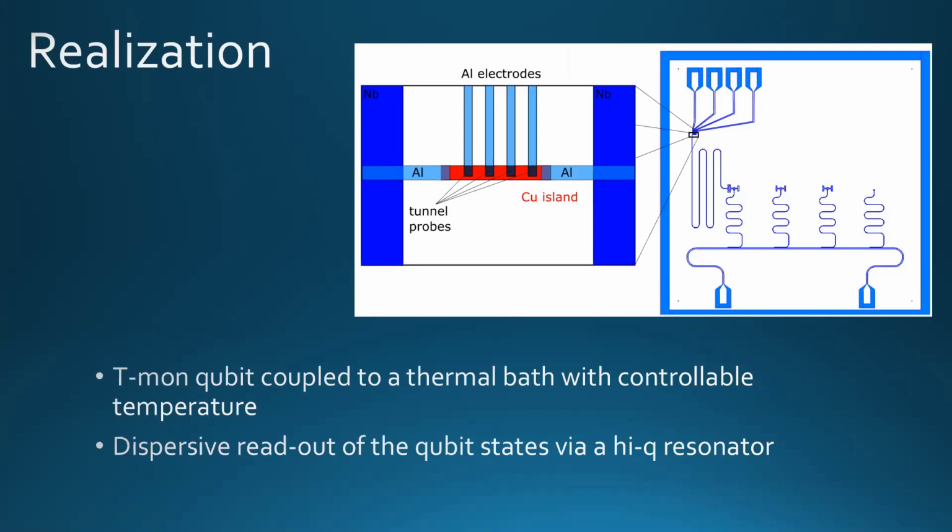With these NIS junctions, we can at one time control the temperature and measure this temperature. So we have several ways to know what is the effective temperature in our system.